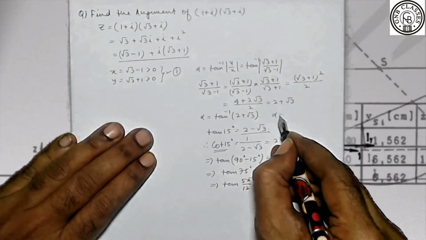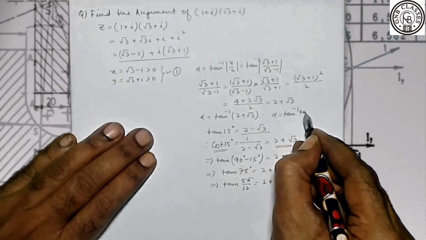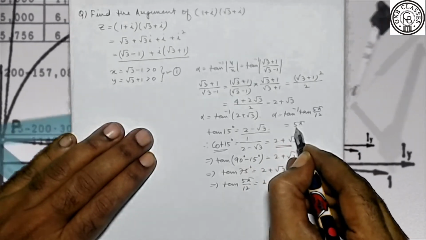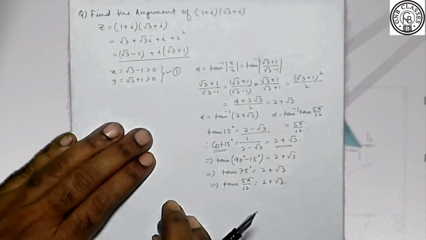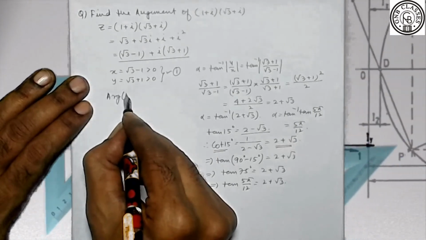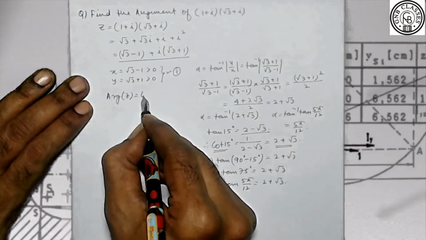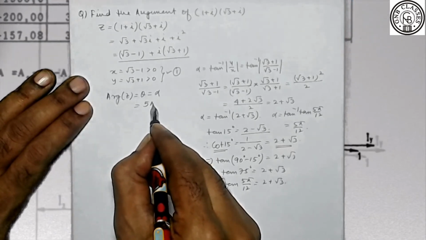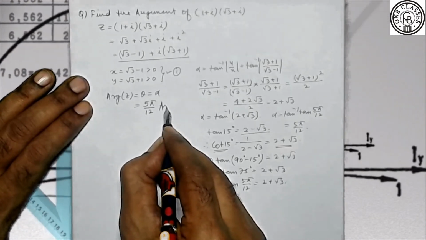Therefore, your alpha is nothing but tan inverse tan 5 pi by 12, which is nothing but 5 pi by 12. Is it clear? But since it is lying in the first quadrant, hence the argument of the complex number z is nothing but theta, which is equal to alpha. Therefore, argument is nothing but 5 pi by 12, and that's your answer.